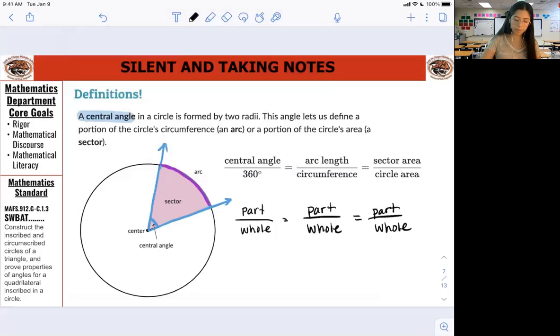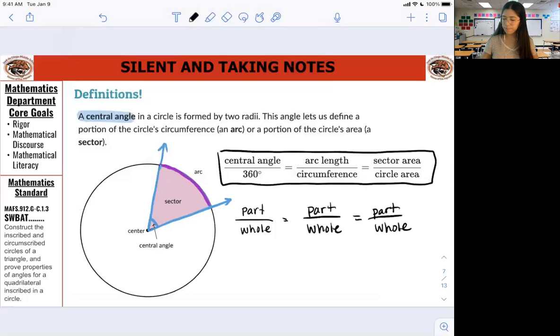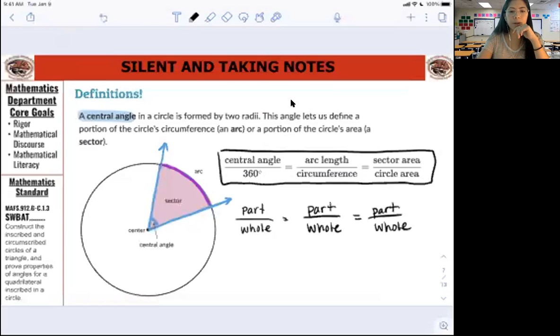So go ahead and make sure we have this equation, this 3-part proportion written down. Okay, any questions on this slide?